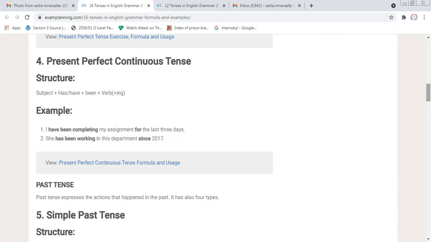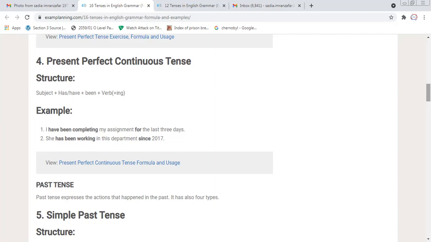If you have an exact point of time, for example, I have been working in that department since 2017, so you know the exact point of time, morning, evening. If you are giving an exact point of time, then you use since. But if you know that this has been done for a period of time, then you will use for. So for a point of time, you use since, and for a period of time, we use for.